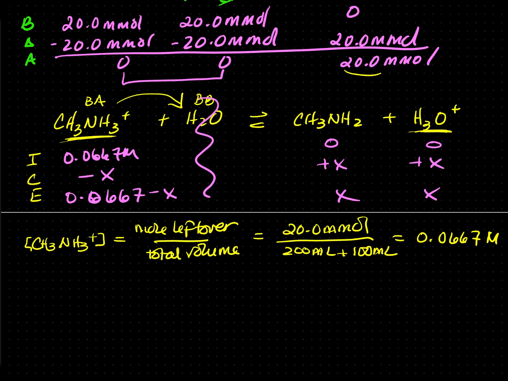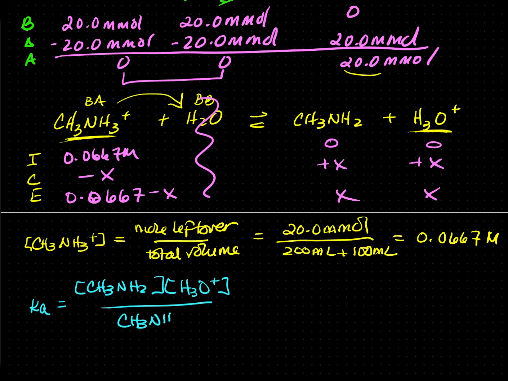So now I need to write my equilibrium equation, which is products over reactants. So this is a Ka. My products are going to be CH3NH2 times the hydronium ion, or H plus, over CH3NH3 plus. I'm going to substitute in. So this is going to be x times x divided by 0.0667 minus x.